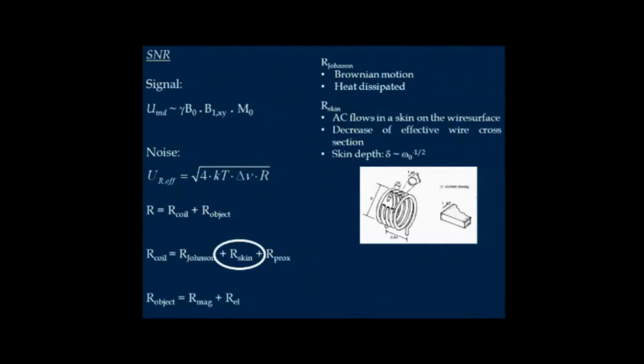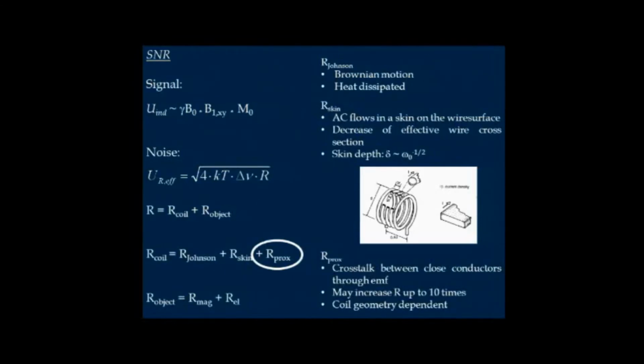The skin effect means that at high frequencies, the alternating currents will tend to flow on the surface of the conductors. And this shortens the effective cross diameter of the wire where you have the currents flowing, and of course increases the resistance. And the skin depth is proportional to the square root of the Larmor frequency. So the higher the frequency, the more the skin effect will affect you.